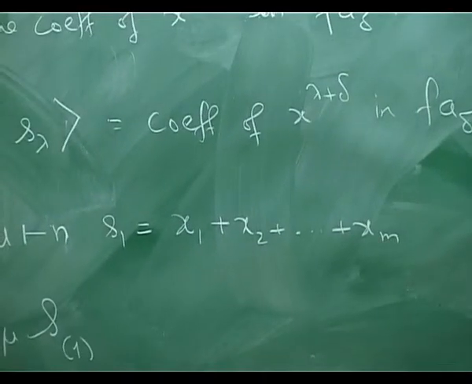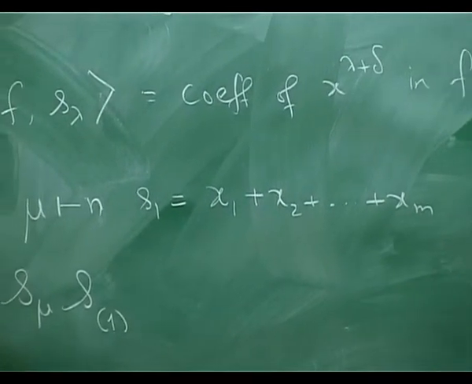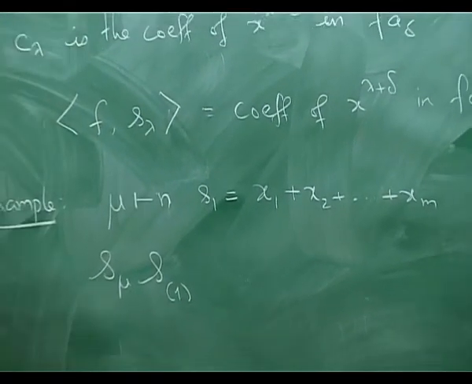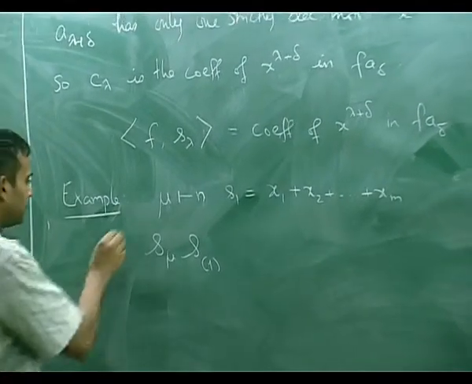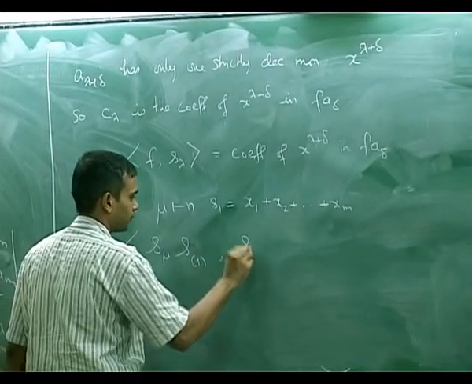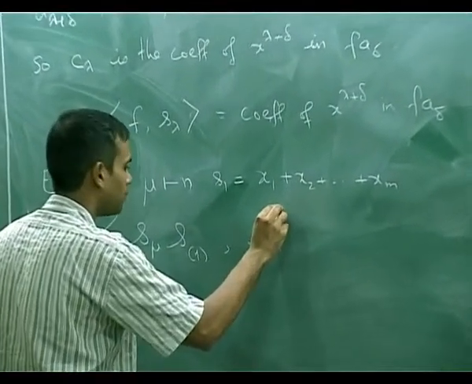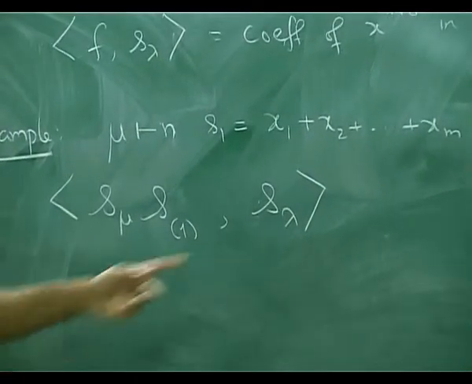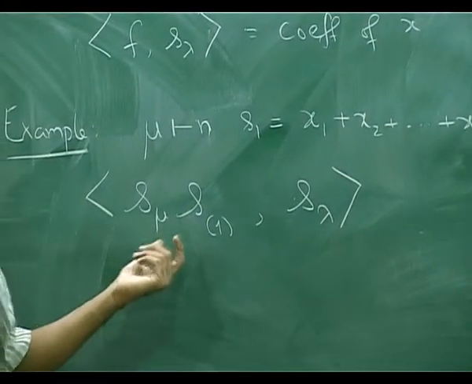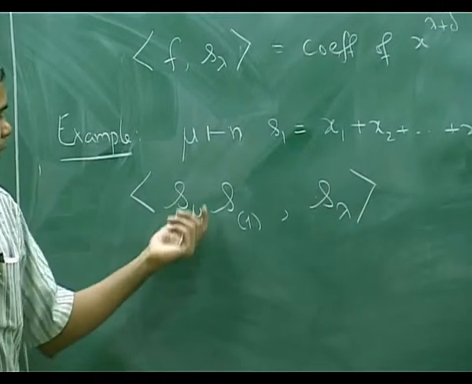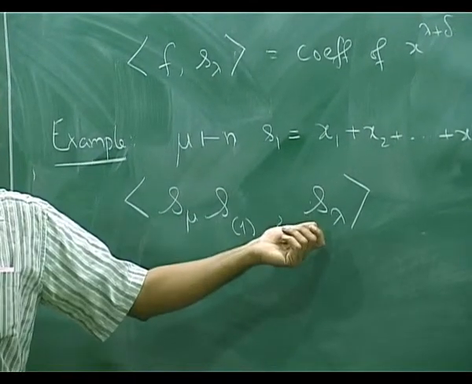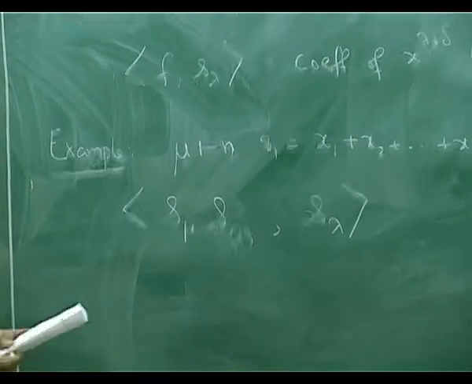Okay, so let's look at this s mu s1 and let's try to expand it in terms of Schur functions. Now this lambda will be a partition of n plus 1 because the degree has gone up. So we're just asking, how does this product of Schur functions expand in terms of Schur functions?